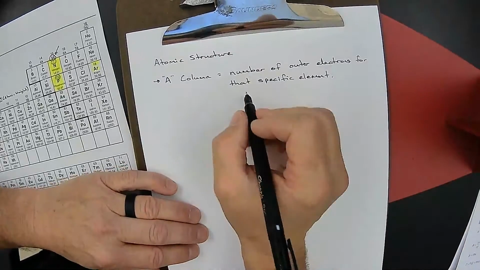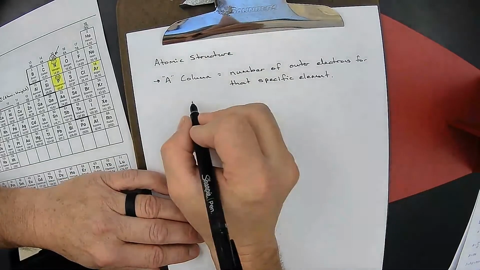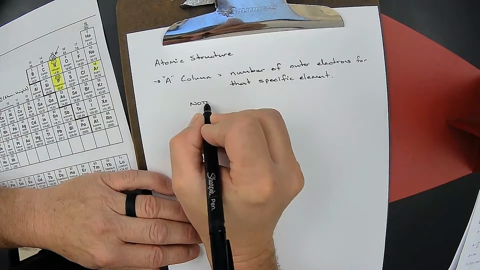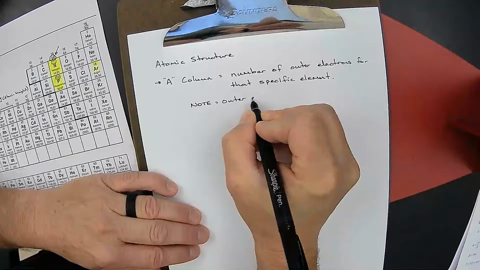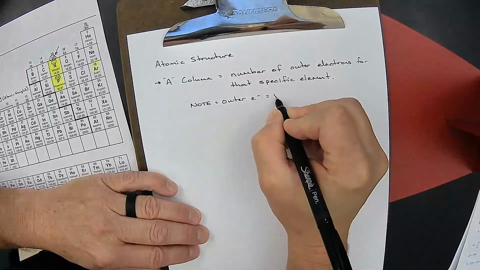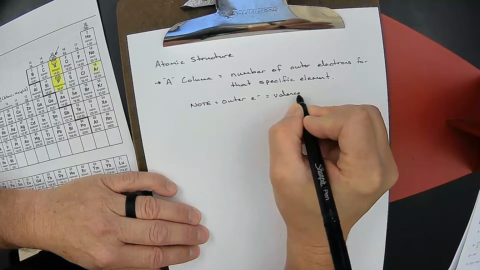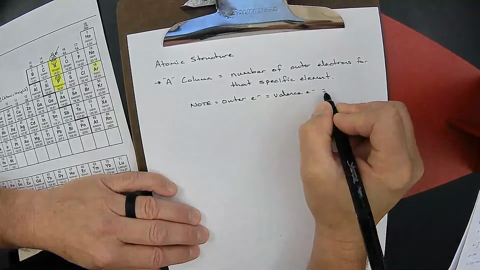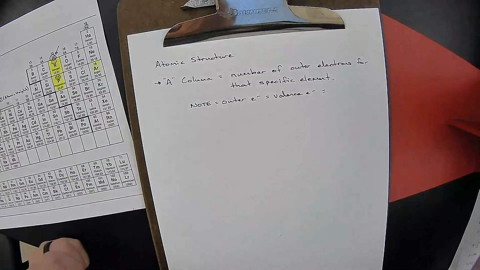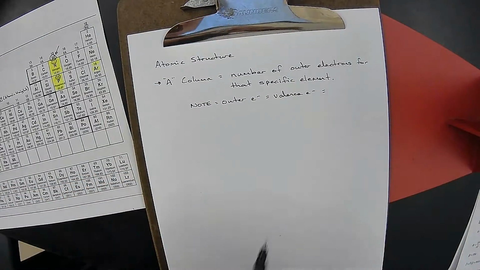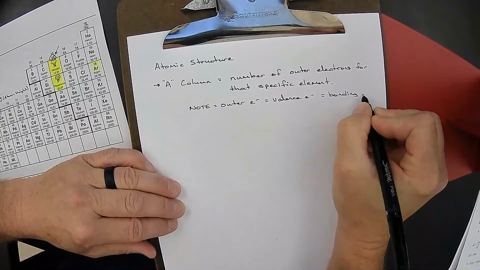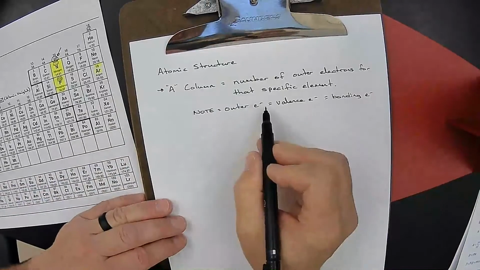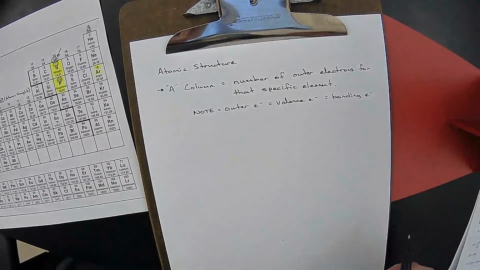Now, I do want to remind you, we'll note that outer electrons equals valence electrons, which also equals the bonding electrons. So we use that one phrase to mean all three of these.